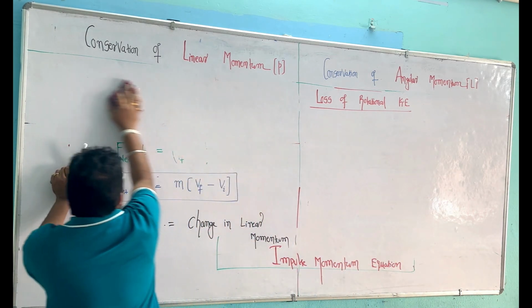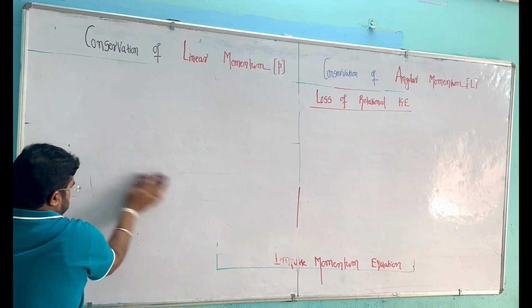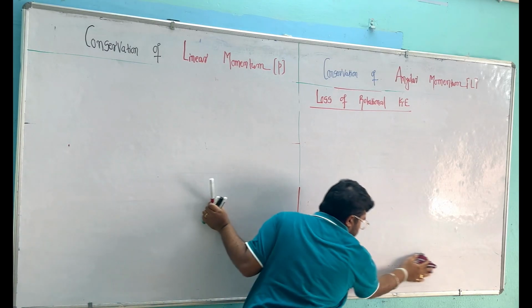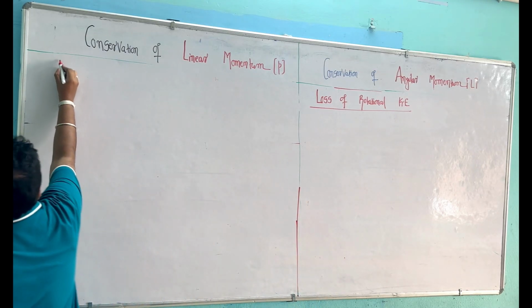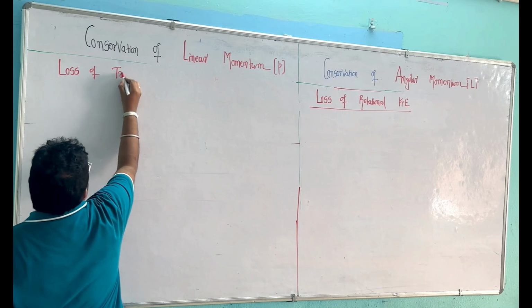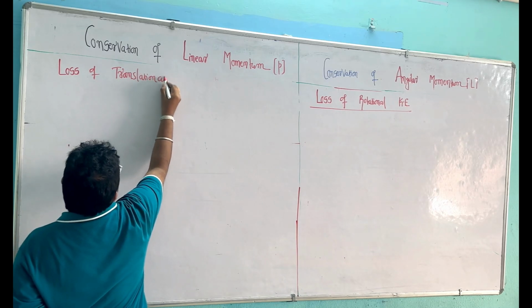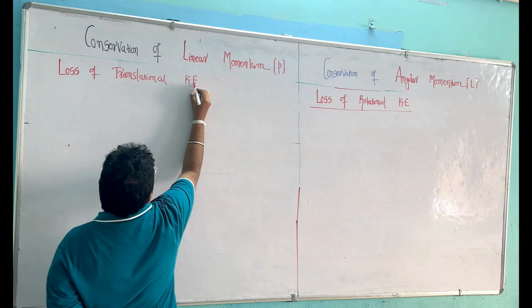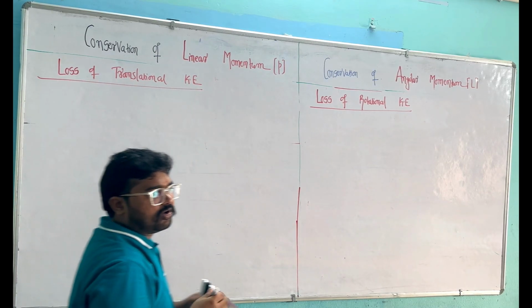Loss of translational kinetic energy. So delta K equal to how much?